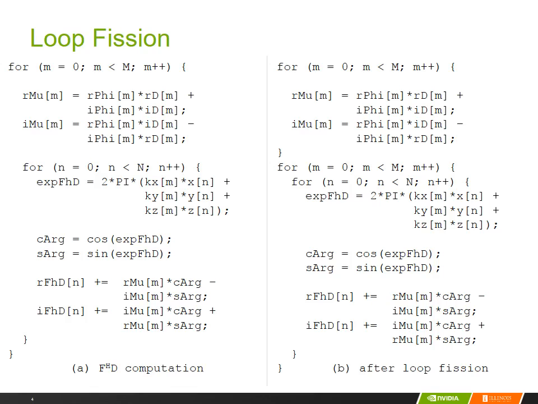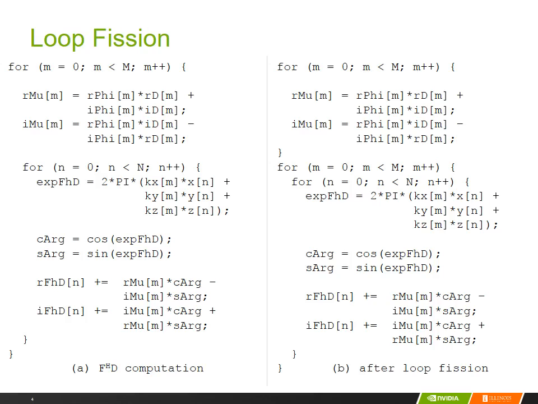However, we cannot reverse the inner loop and outer loop roles if the loop is not perfectly nested. So here we see the original loop for FHD. We see that there are two statements: one writes into RMU M and one writes into IMU M. These two statements make the loops not perfectly nested.